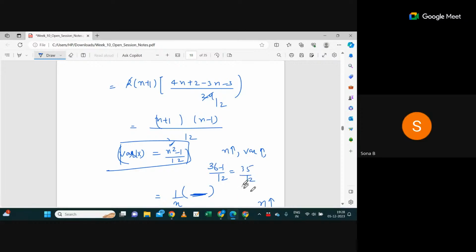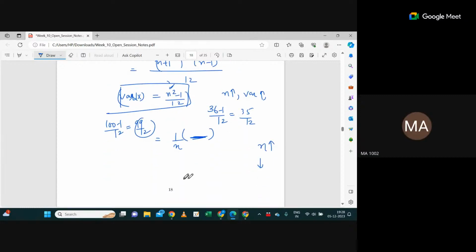Suppose n is 10, it will be 100 minus 1 divided by 12, 99 divided by 12, so it's increasing, right? I took some random example. Suppose n is in the denominator of that random variable, and I'm saying the variance of x is something in the numerator part, and in the denominator it's n. Then if I increase n, will my variance increase or decrease? It will decrease, right? That is something I wanted to explain. Is it clear?